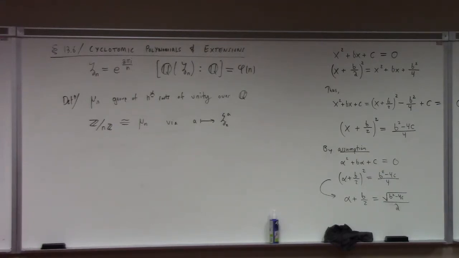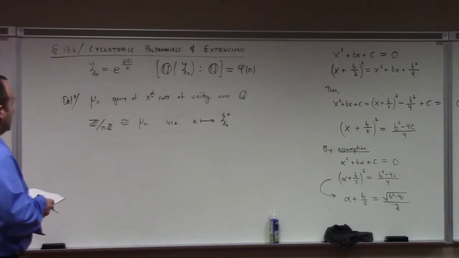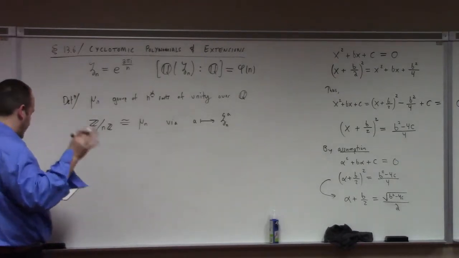He says, for a fixed primitive nth root of unity. He does use zeta n as an arbitrary primitive nth root of unity. I made the specific choice, e to the 2 pi i over n, but there are other choices in his view for what zeta sub n should be.